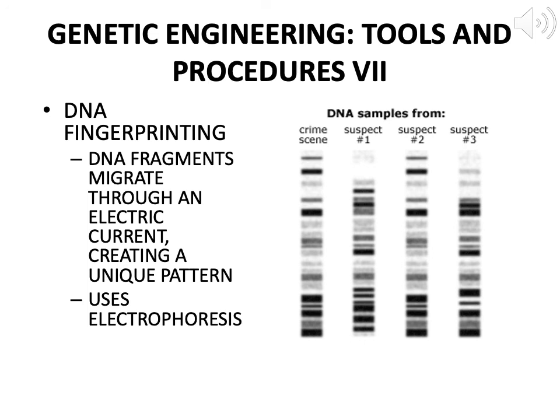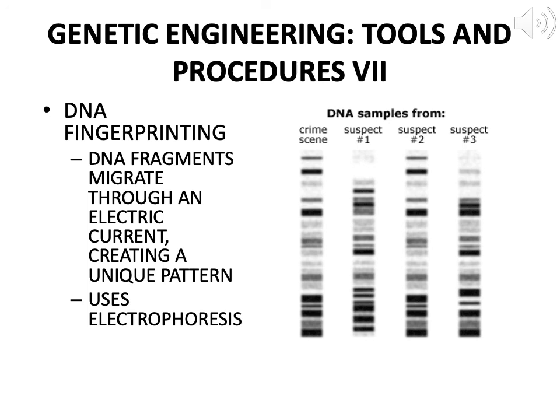And I've got similar patterns in columns labeled suspect number 1, suspect number 2, and suspect number 3. Now, I'm interested in determining who is guilty here. So let's suppose I've taken a DNA sample at a crime scene. The DNA sample at a crime scene gives me the DNA pattern in column 1. It matches up perfectly with suspect number 2. So if I really wanted to make a connection between a suspect and a crime, I would make the connection between the DNA obtained at the crime scene with the DNA of the suspect.